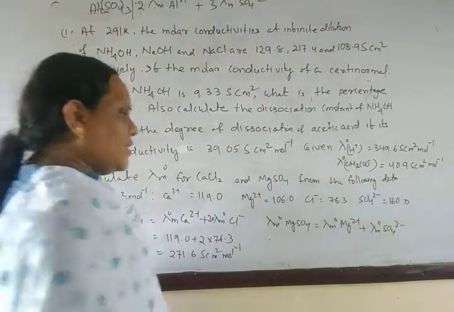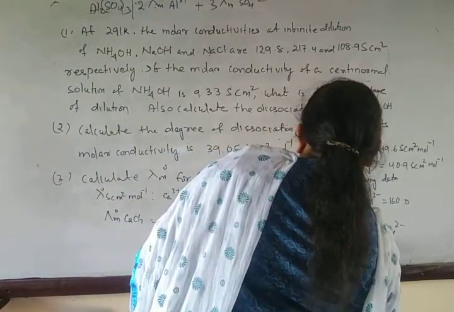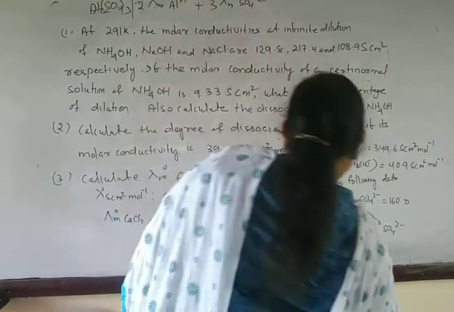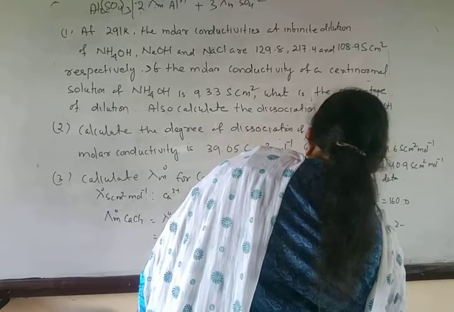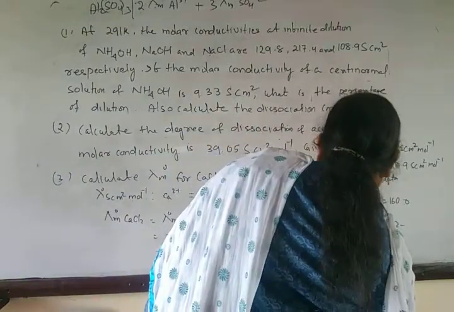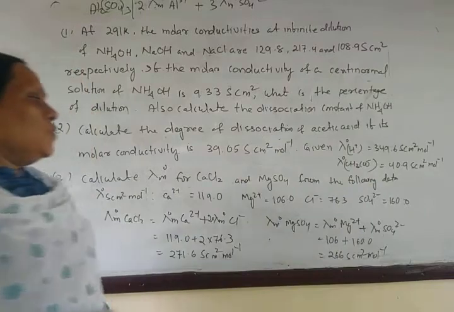In this case, Mg2+ is given as 106 and sulfate 160.0, so that is equal to 266 S cm square mole inverse.